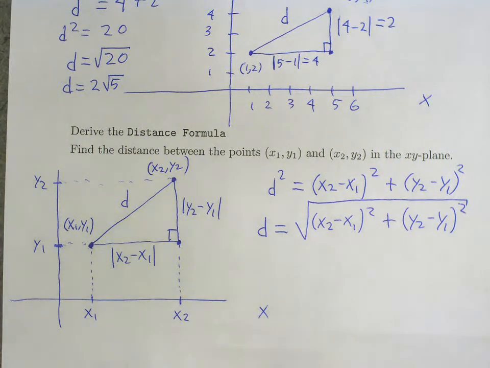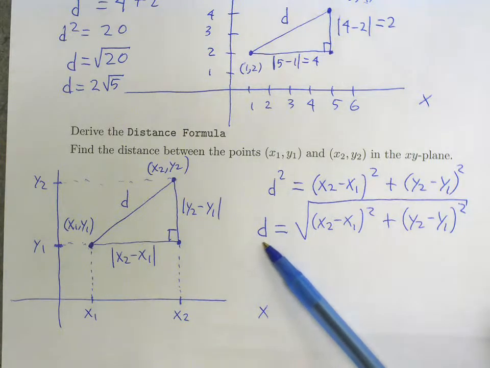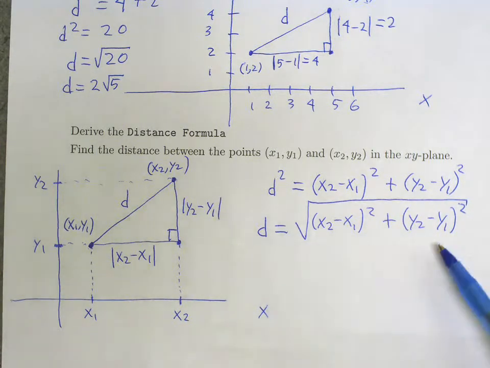Okay, so when finding the distance between 2 points in the xy plane, you can use the distance formula, or you can use a right triangle that you can construct. But if you're going to memorize the distance formula, that's fine.